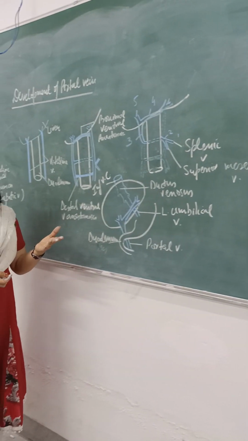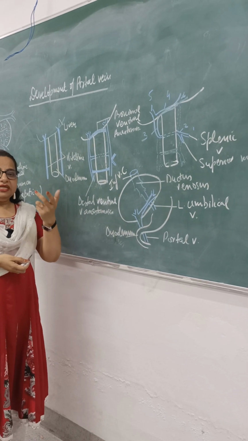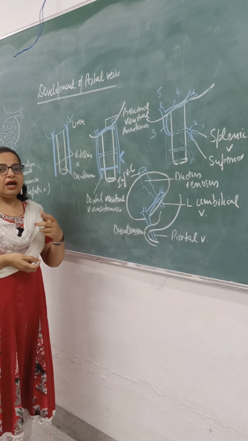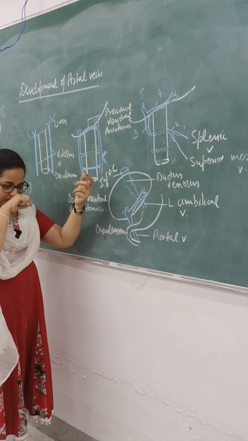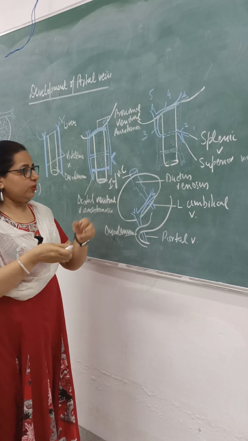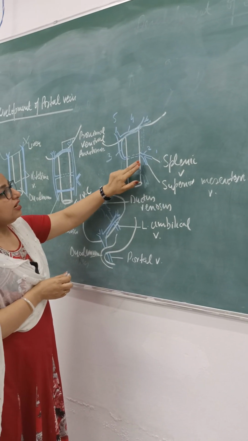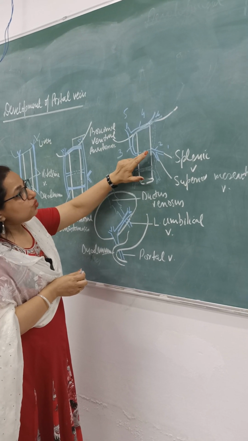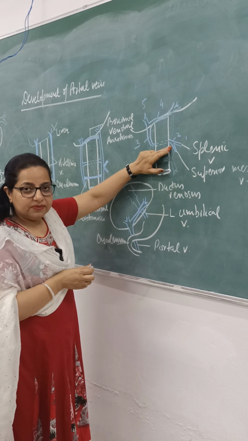If you recall the gross anatomy of the portal vein, there is the splenic and the superior mesenteric vein, and they unite as you go upwards to form the portal vein along with the right and left branches. So this is how the splenic and the superior mesenteric vein attach caudal to the dorsal anastomosis towards the left side.